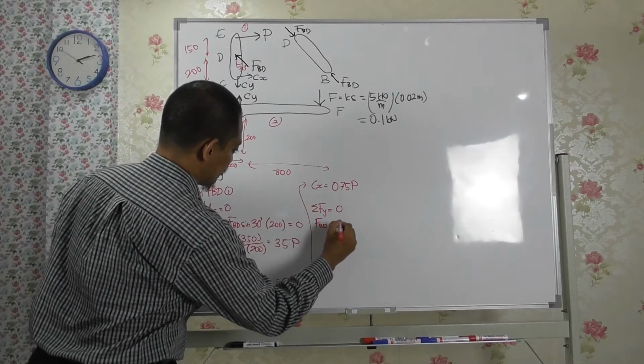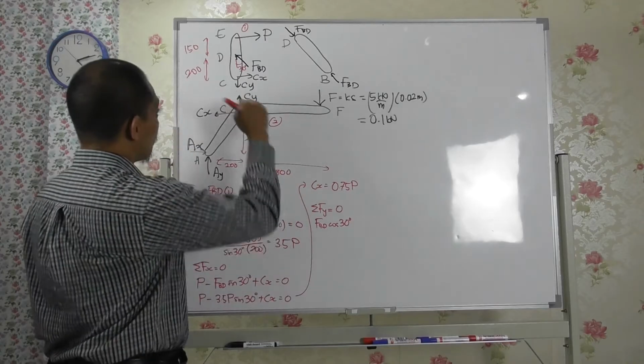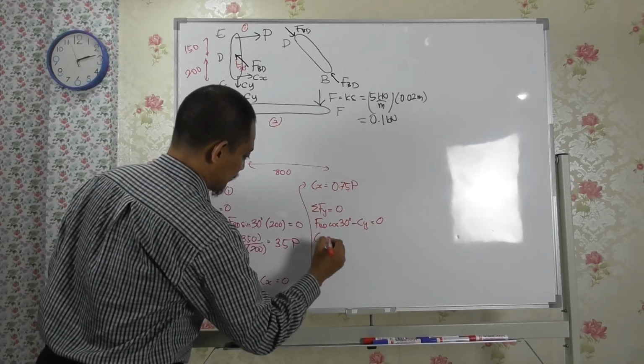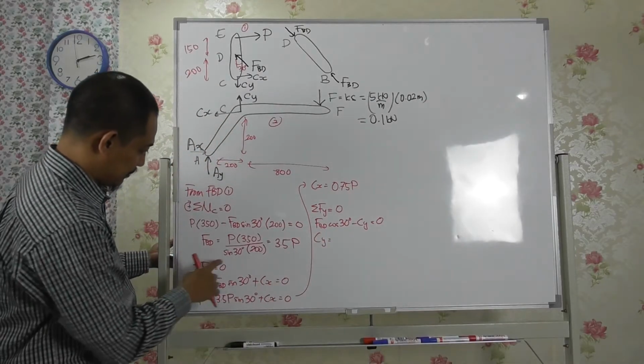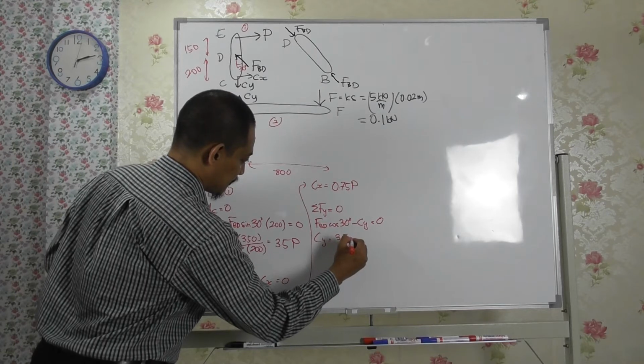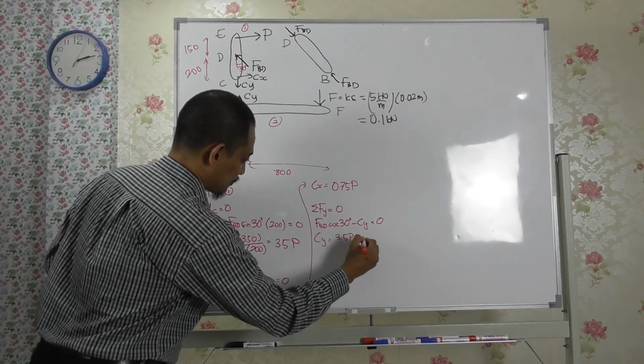FBD cos 30 minus Cy equal to 0. So Cy will be, if you plug in FBD with this one, 3.5p and then cos 30, right?